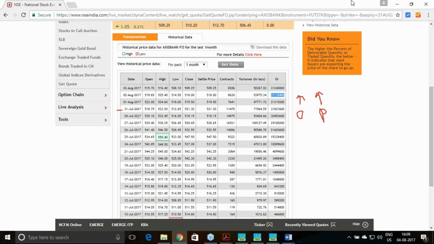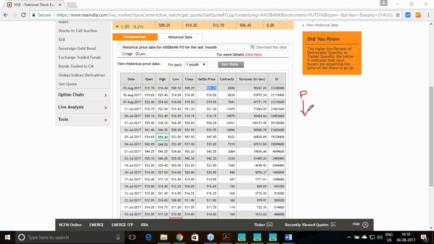So the third day, 3rd August, is peculiar. You have seen a little increase in the open interest, and prices have fallen. So price fall with open interest rise. Open interest has risen, but prices have fallen.